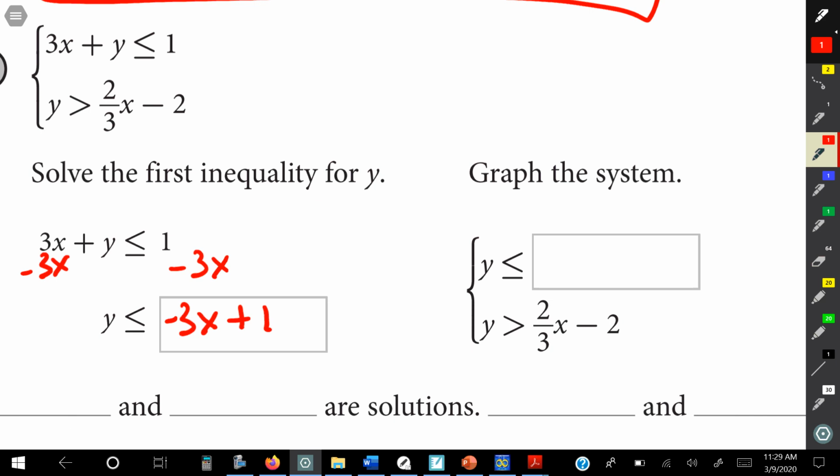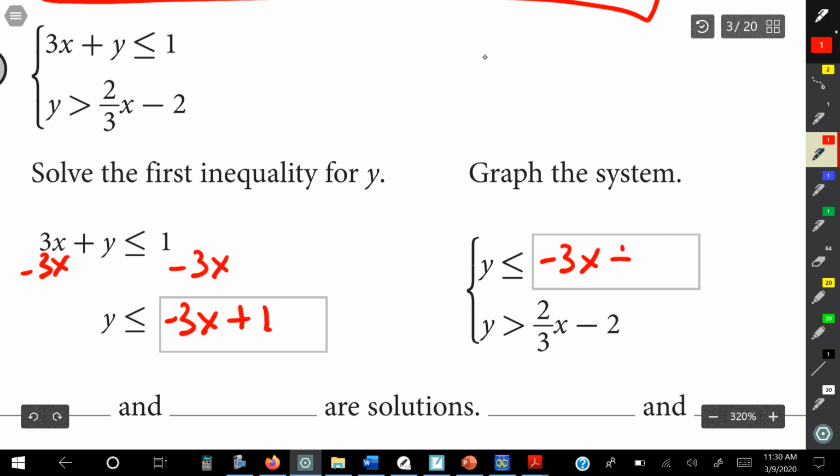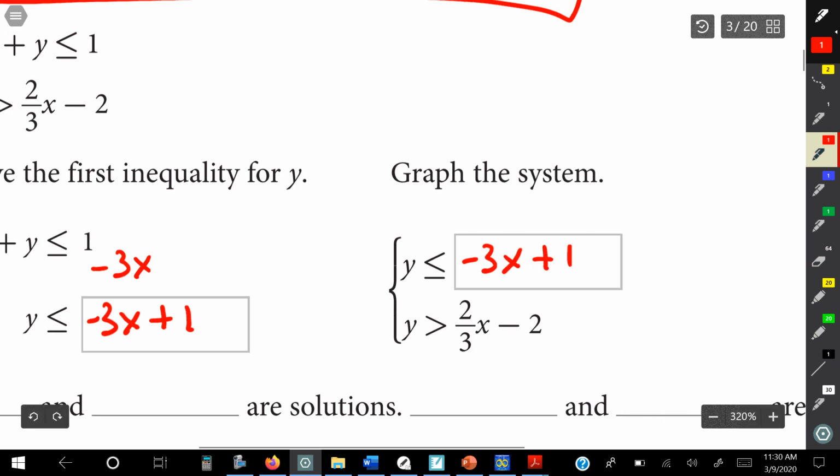So keep in mind that if you had a coefficient in front of y that's other than positive 1, you would have to divide. And also keep in mind if it's negative that you would have to swap around the inequality. But now I have both equations solved for y, and my second equation is negative 3x plus 1. Y is less than or equal to negative 3x plus 1.